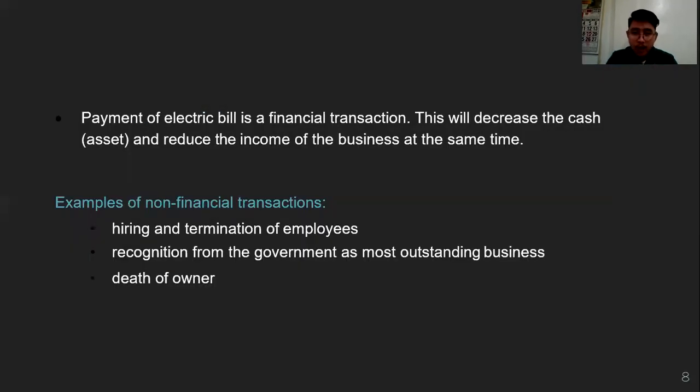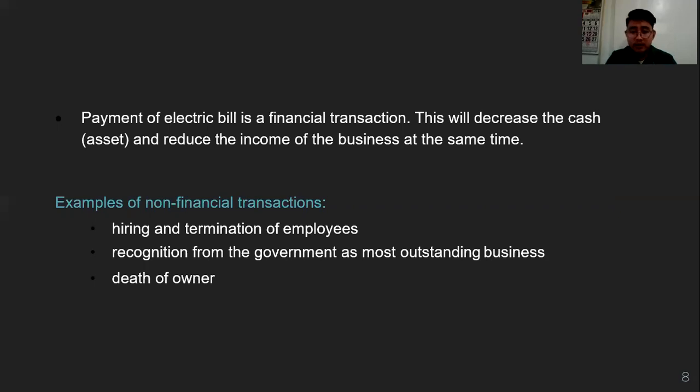So, another example is payment of electric bill is a financial transaction. So, this will decrease the cash asset because we pay the electric bill ng isang negosyo, since nagbayad tayo ng cash, magdi-decrease yung asset natin.